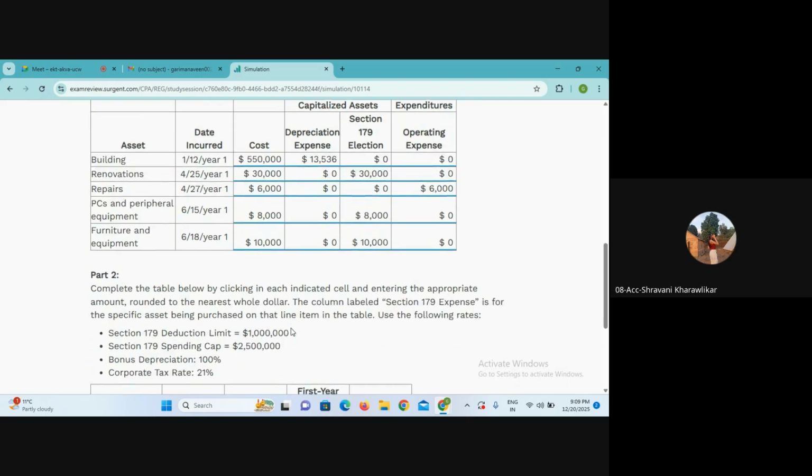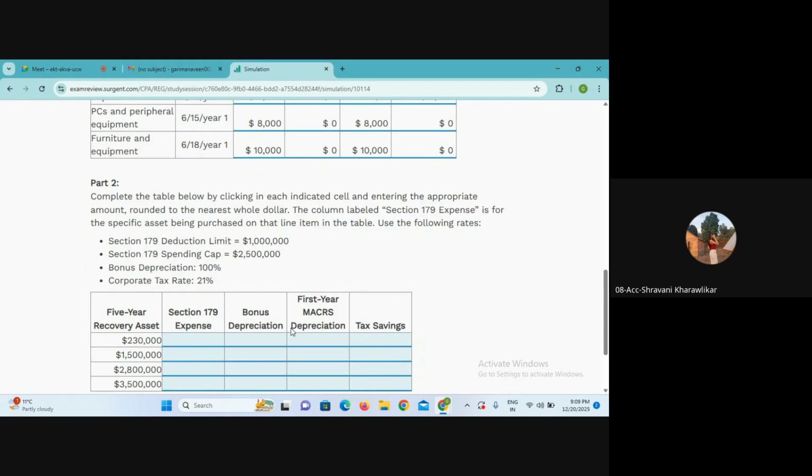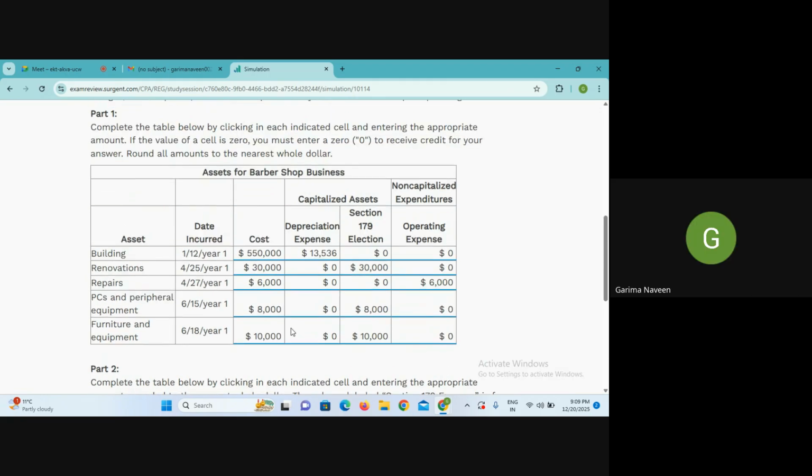Ma'am, if it would be year 2, then we would not be able to claim 179, right? So that we would be able to depreciate it. So then it would go into the depreciation expense. Yes. For basically 179 election, 179 expenses can be taken in the year in which you are putting the asset into use.